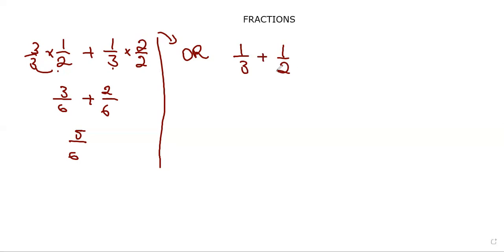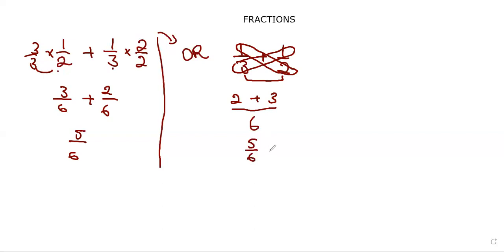The first thing you can do is say this 2 multiplied, 2 times 1, which is 2, 3 times 1 plus 3, then 3 times 2 gets what? 6. 2 plus 3 is 5 over 6. We get the same answers, different method.